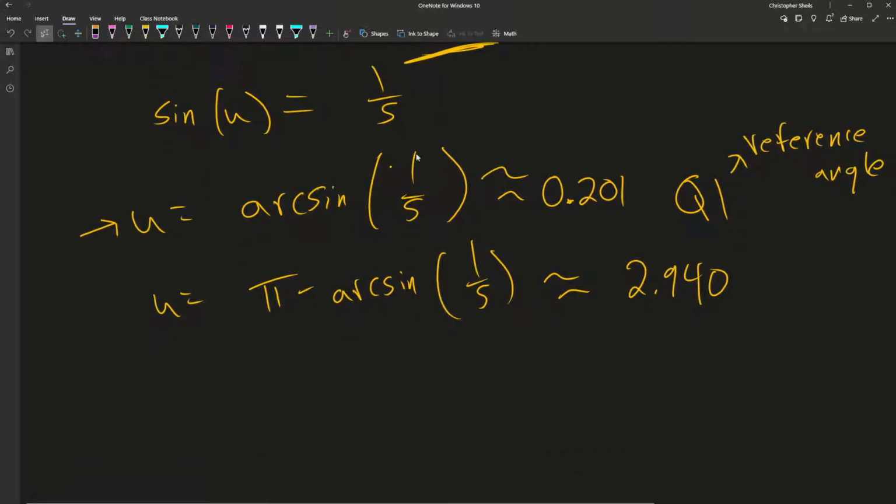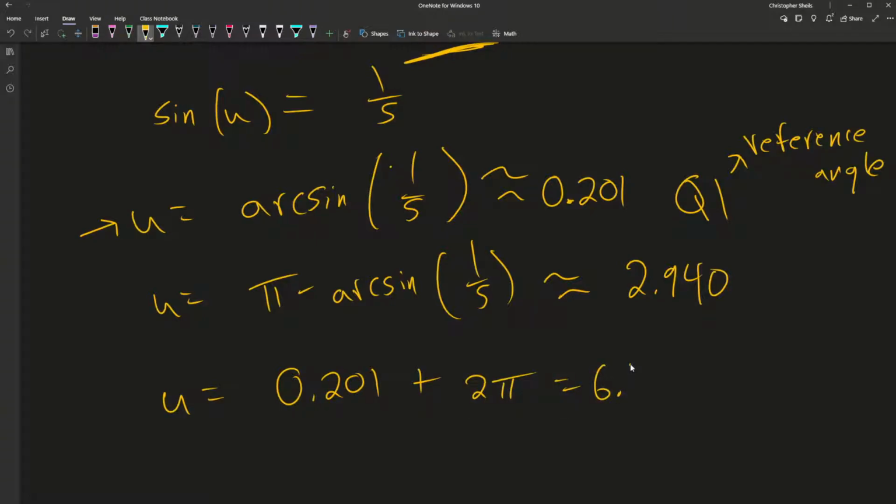So to do that, I can just find an angle that's coterminal to this 0.201. This would be 0.201 plus 2 pi, which would be 6.485. This is coterminal to 0.201. Just so I can make sure I'm going to have two positive solutions.